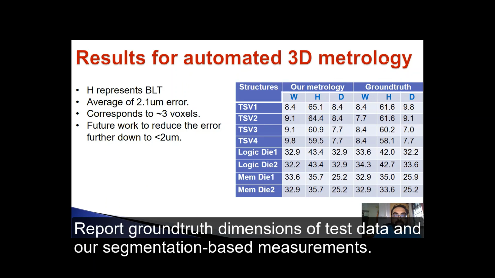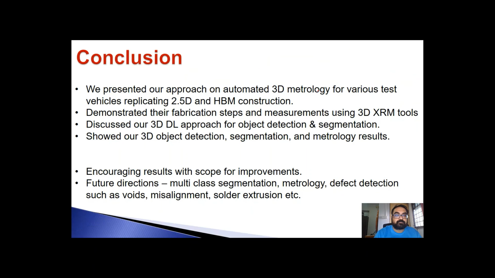And height over here actually represents the bond line thickness. On average, we get about 2.1 micrometer errors, which corresponds to about 3 voxels. We definitely want to reduce it further down to less than 1 to 2 micrometers. Once we have perhaps sharper edges, this would give us better results in future.